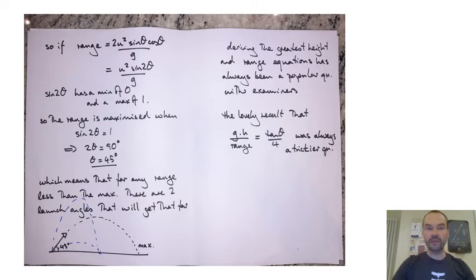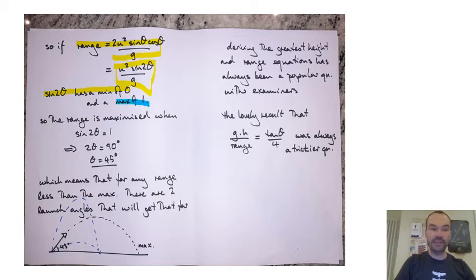Right. So that previous result, if the range is this, which is this, then the thing about sine 2 theta is it's a trig function, isn't it? It's one of the periodic ones. It does that. It starts, and sine theta starts at 0, goes up to 1, comes back down to 0 again. So sine 2 theta has a minimum of 0, but it has a maximum of 1.